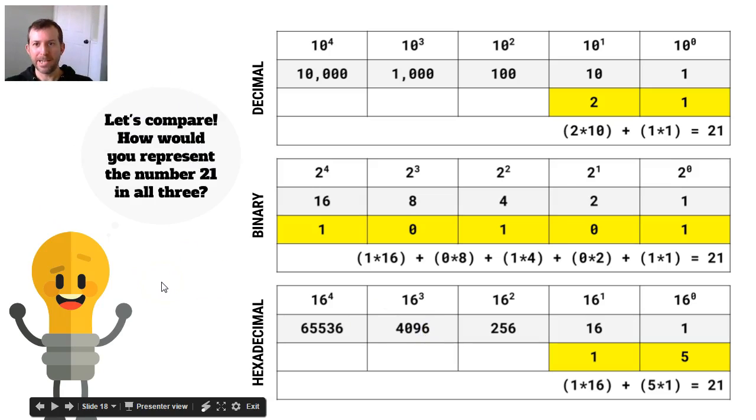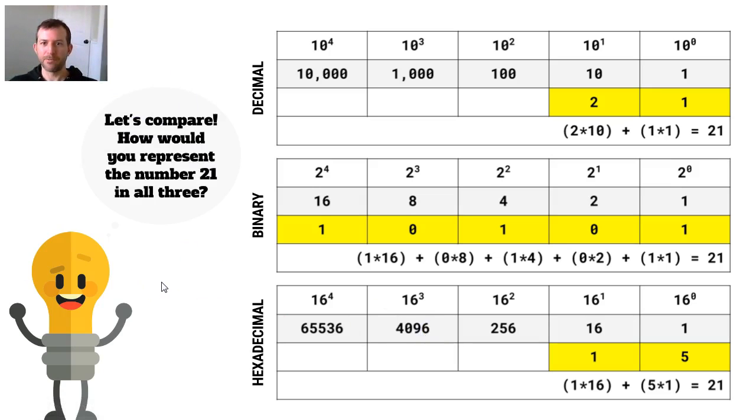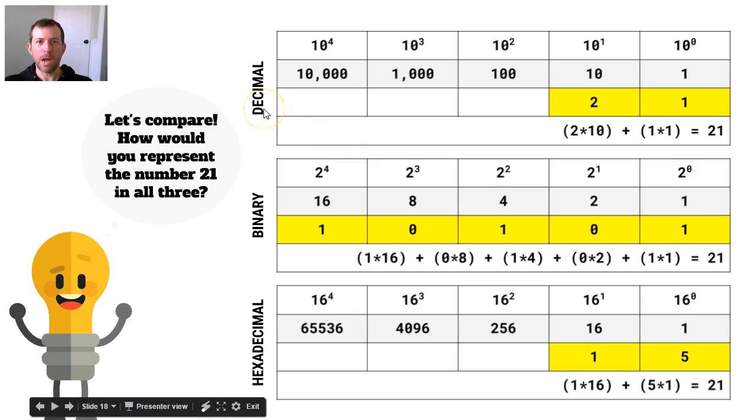Let me break down the differences for you to bring this full circle. If I'm using, let's say, the number 21, and I want to represent it in any of these number systems, well, I already know how I represent 21 in the decimal number system. I've got a 1 and a 2. 1 times the place value gives me a 1, and then 2 times the place value over here gives me 20. 20 plus 1 gives me 21.